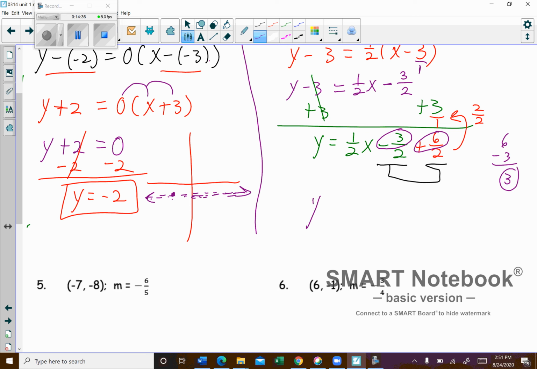So let me write down my answer, and then let's make sure we got this. Negative 3 plus 6 becomes 3, and it stays positive because the larger number is positive. So we should end up with positive 3 over my common denominator, which is 2. And so that was my answer right there.